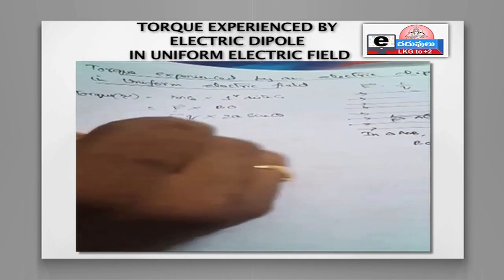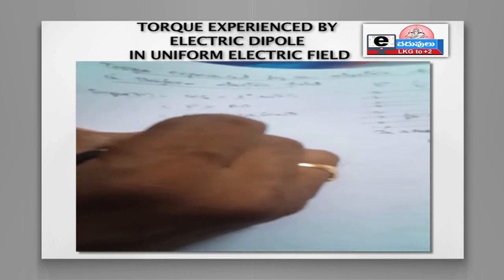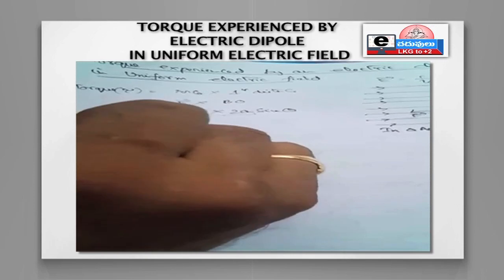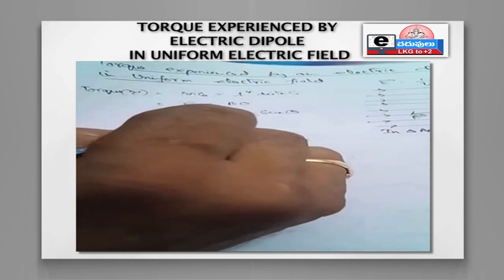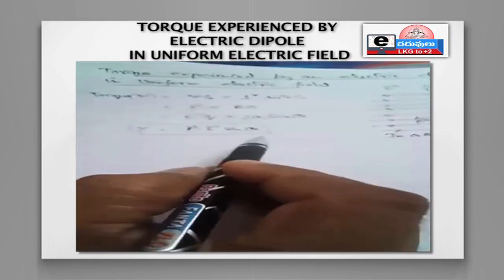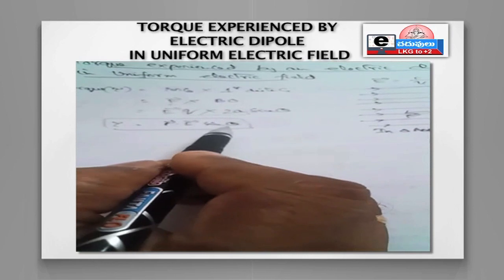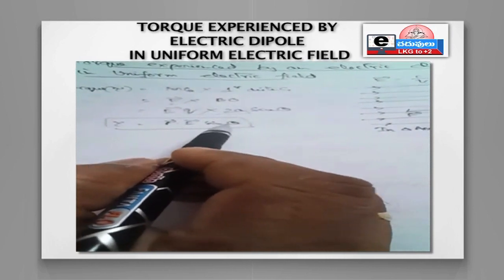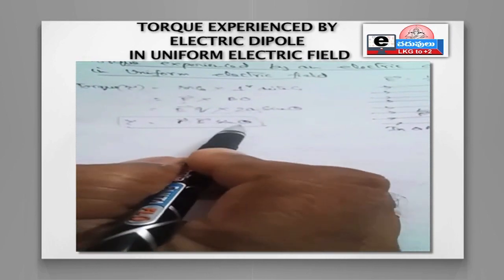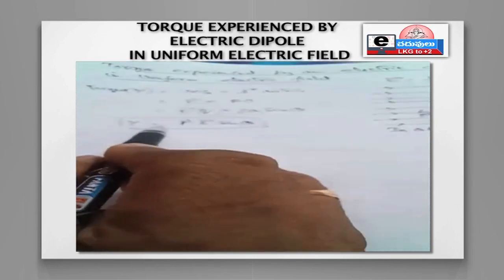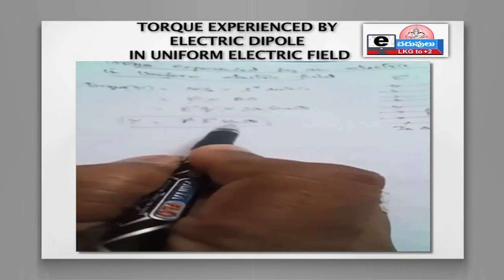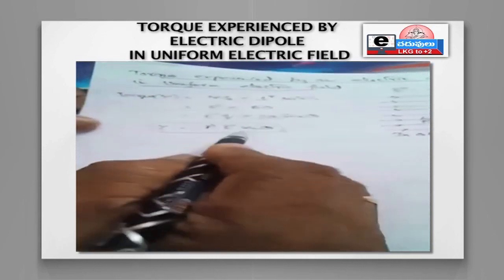When I substitute, Q into 2A you get again, which is nothing but the dipole moment. Therefore, it will be P E sin theta. When you carefully observe, torque is nothing but P E sin theta, which is a vector product of two vectors. The sin theta component is coming. We studied in the lower classes, the 11th class, that it is a vector product. Again we are proving that in this case torque is P E sin theta.